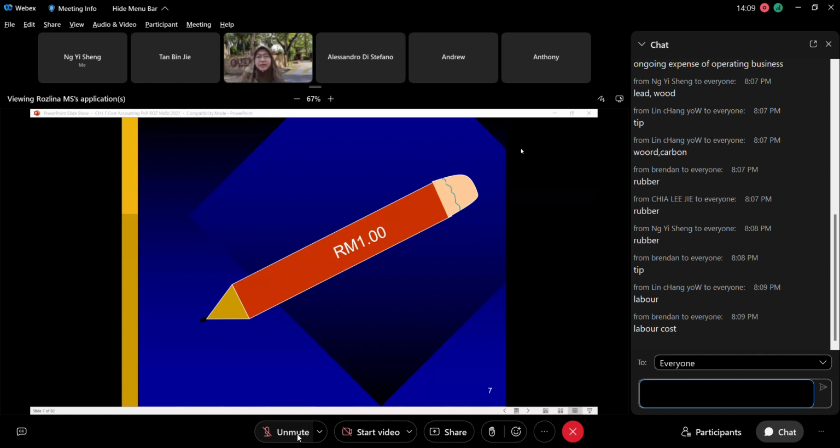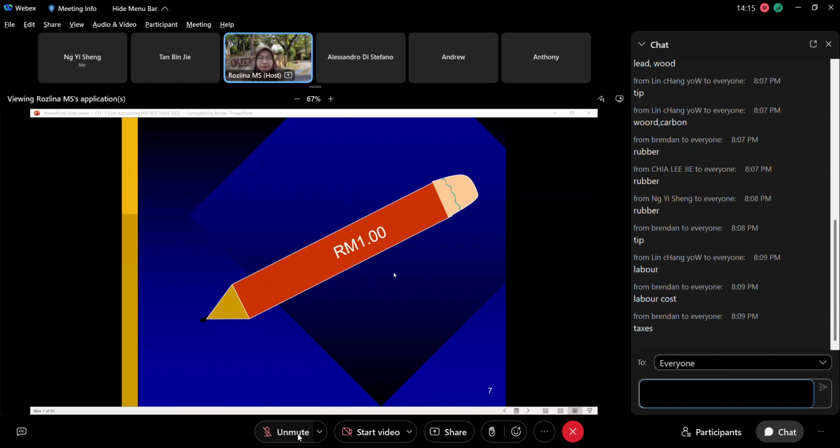Inventory cost. Okay, good. Inventory. Anything else? Okay, inventory. Storage too, right? Okay. What else? Labor cost.